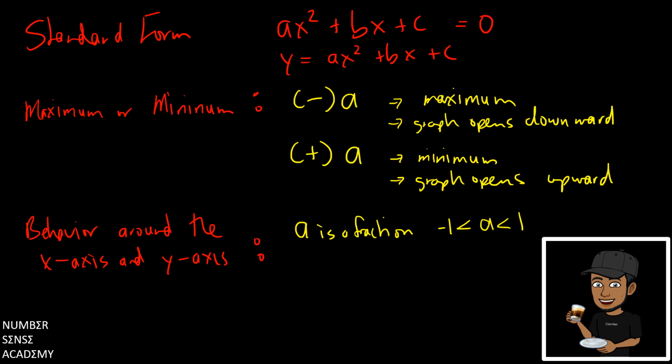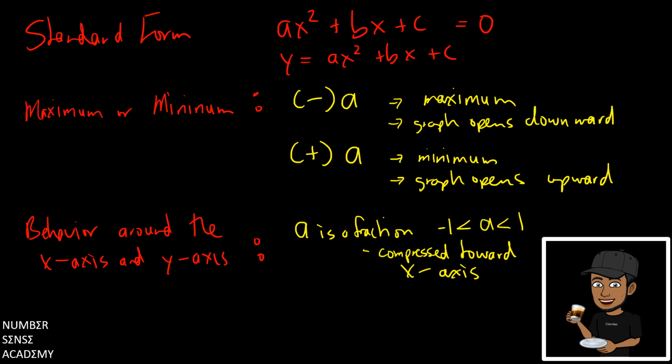If A is a number between here, then the graph is going to be compressed towards the x-axis. Almost like a flower that's opening its petals really wide. It's going to be compressed toward the x-axis.